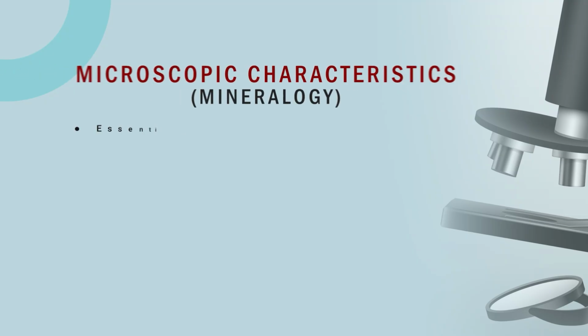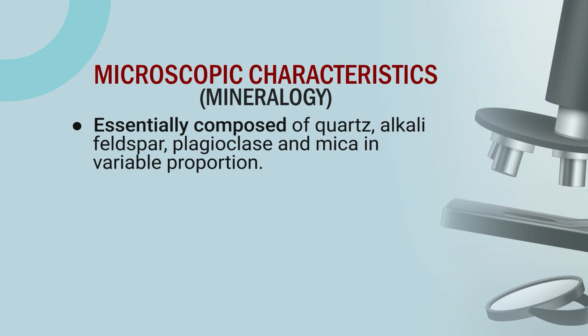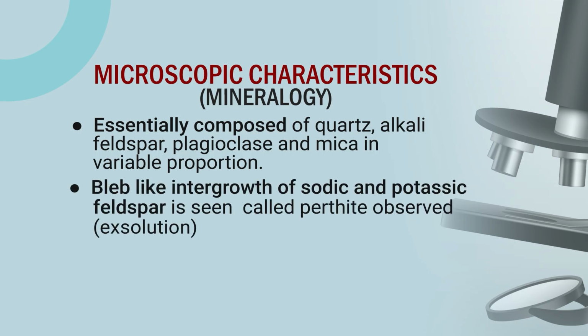Mineralogy wise, granites are essentially composed of quartz, alkali feldspar, plagioclase and mica in variable proportion. Mica may include both muscovite and biotite. Blob-like intergrowth of sodic and potassic feldspar is also observed, which we call perthite. This is an exsolution texture.